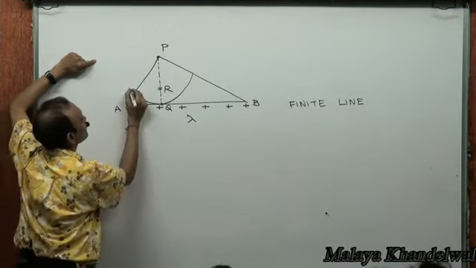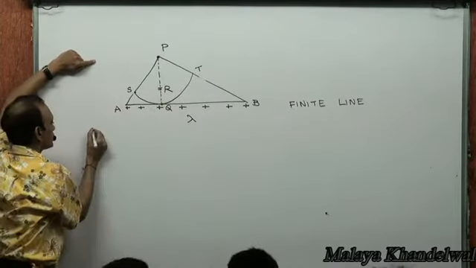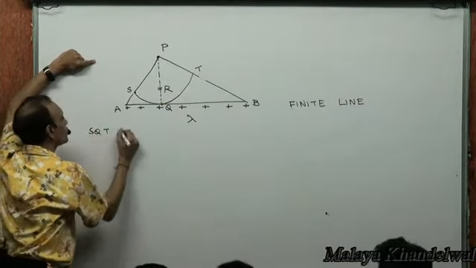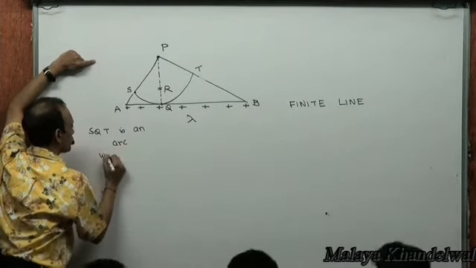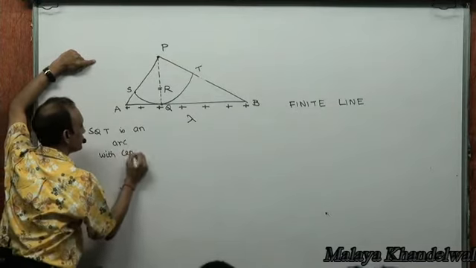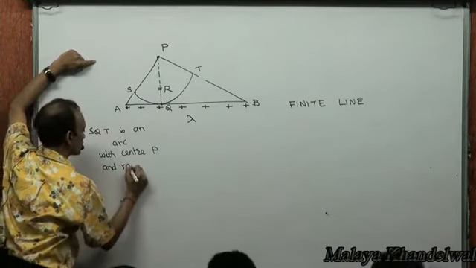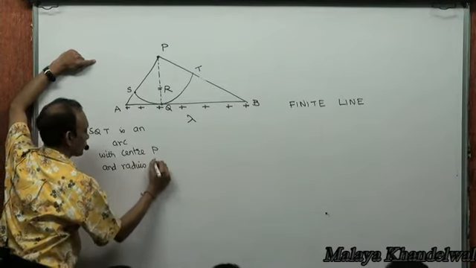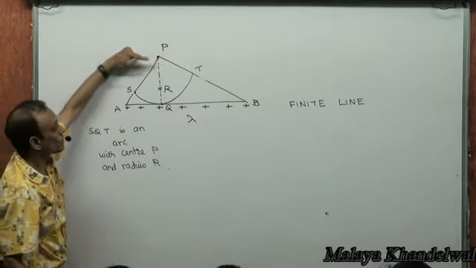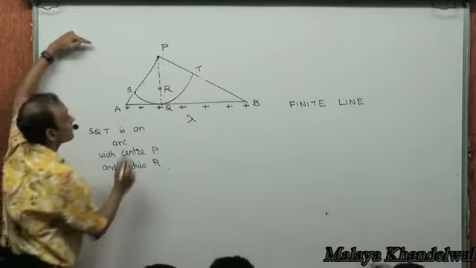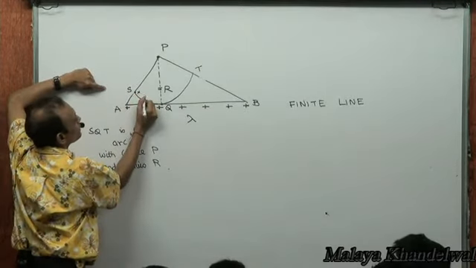SQT is an arc with center P and radius R. And imagine this lambda to be over this arc.